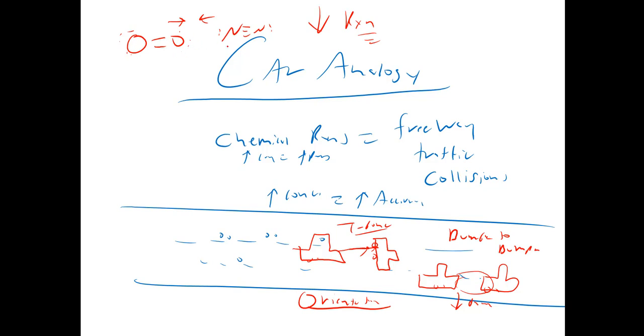This angle, where the oxygen hits the nitrogen, is like doing a bumper to bumper. Now, if I were to have the molecules on the side, like this right here, and then they hit each other, then a high reaction occurs because the atoms are aligned just perfectly to maximize bond breaking and bond making.